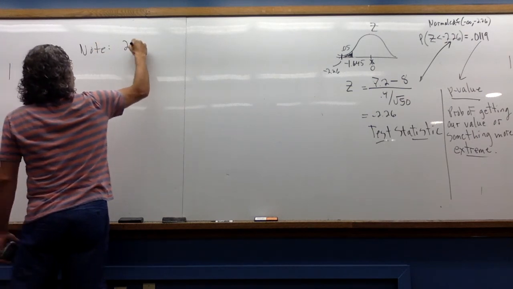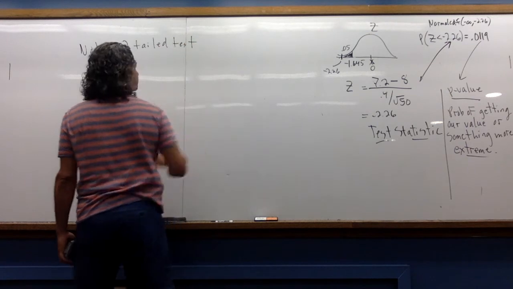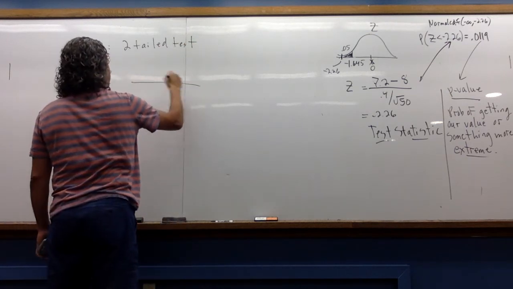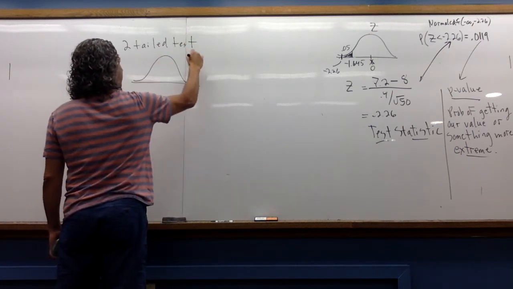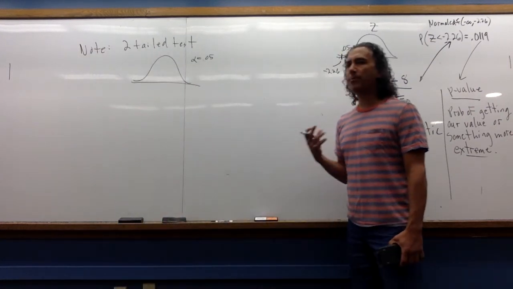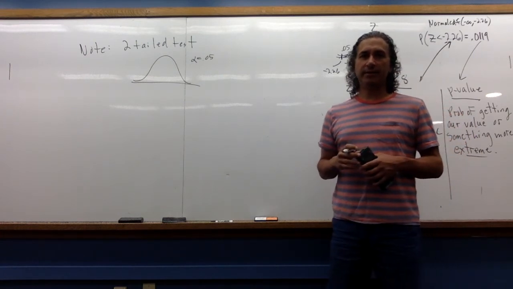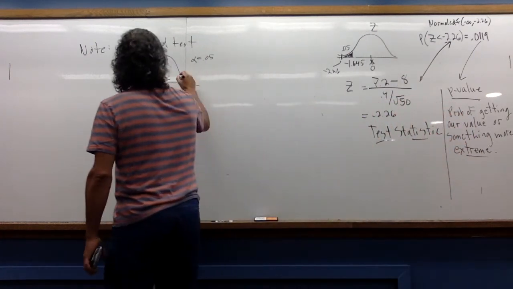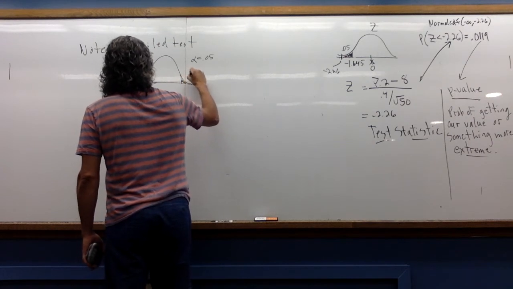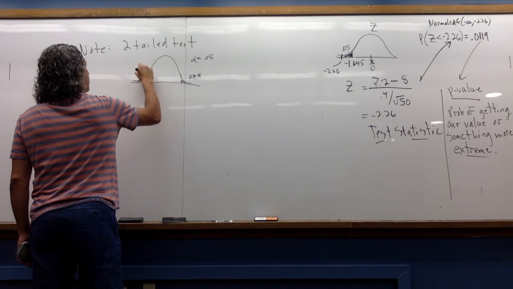If we had a two-tailed test, and your alpha level is 0.05, you take that probability, the entire probability of the unlikely region, and you need to split it into 2 parts. So you'd have 0.025 here and 0.025 here.